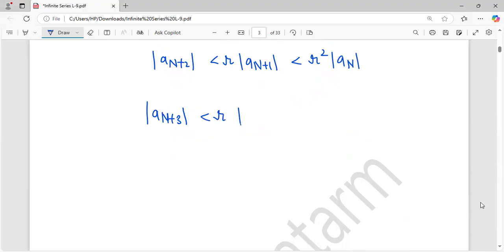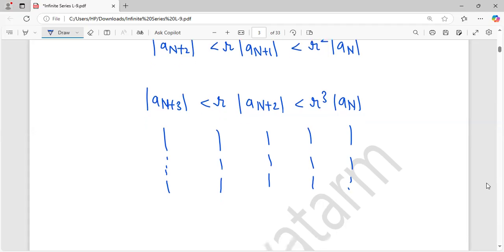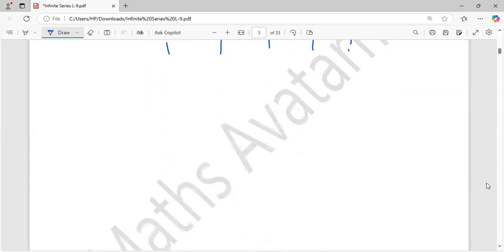That is less than R a_(n+2), and a_(n+2) is less than R squared a_n, so R cubed a_n. So, continuing in this way, a_(n+m) is less than R to the power m times a_n for all m belongs to natural numbers.